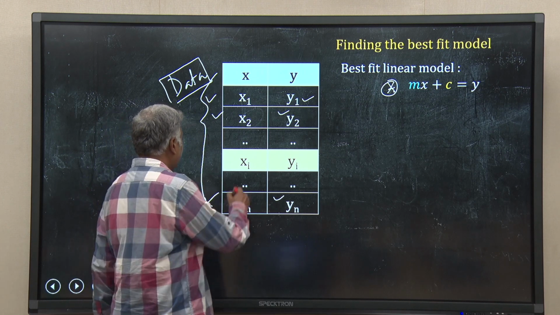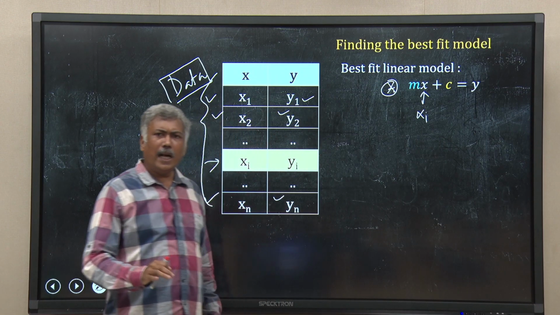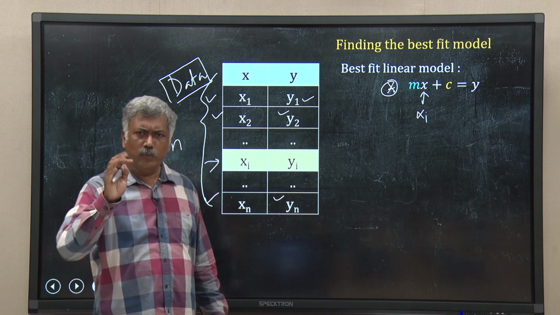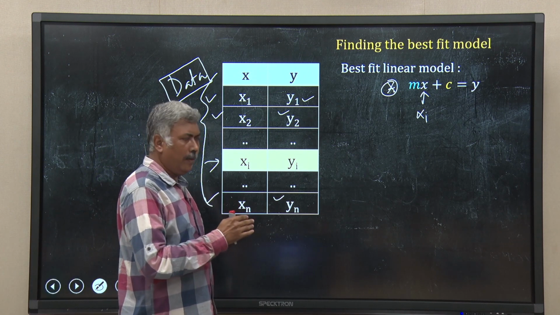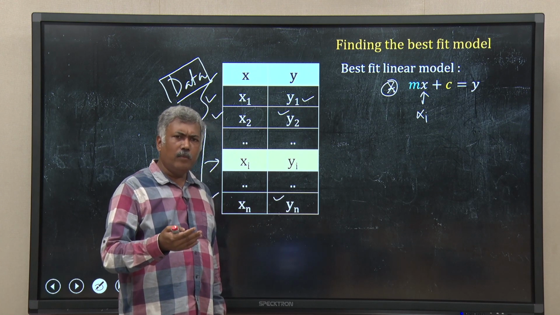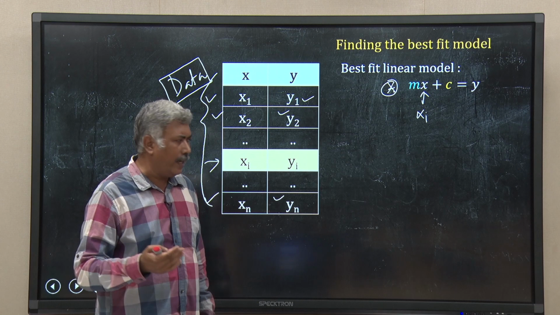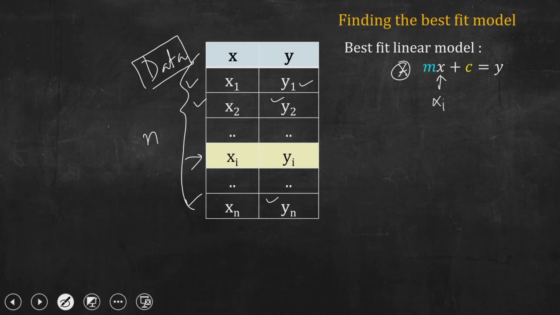So, let us take this ith row xi and put that value of xi in place of x, and suppose I know m and c, I have assumed. So, multiply xi with m, then add c to that, and you will get a value of y. Now, for most cases, this y will not be same as this yi which is present in the data, it may be different.